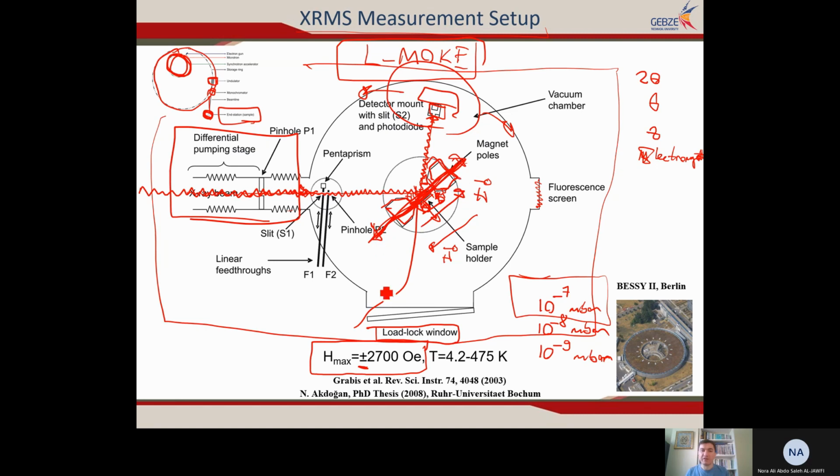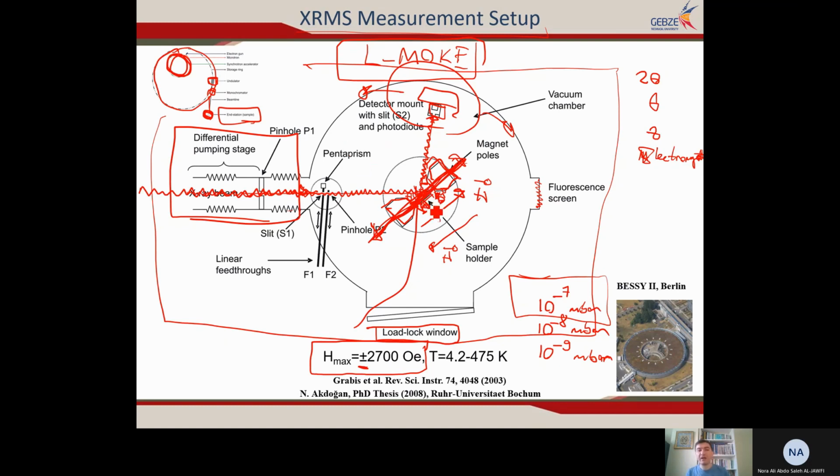So maximum field along this positive direction or maximum field along this negative direction. And since we are using an electromagnet, we can also apply 0 or let's say 1 Oersted or 100 Oersted, 1000 Oersted, okay? You can change the magnitude of the magnetic field up to this value, and you can also change the direction of the magnetic field.